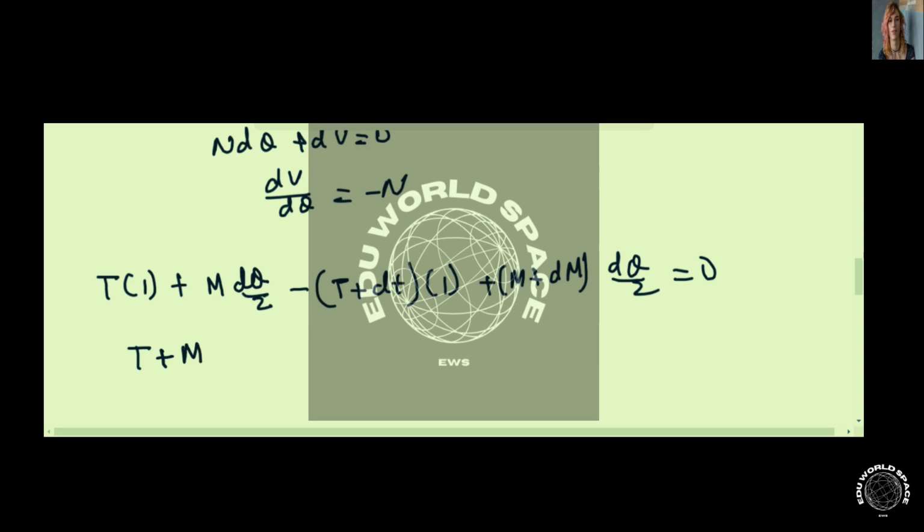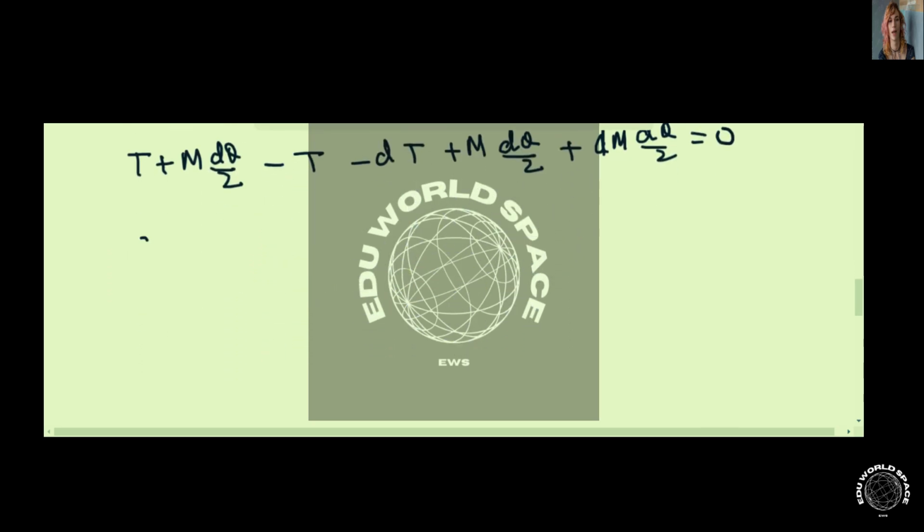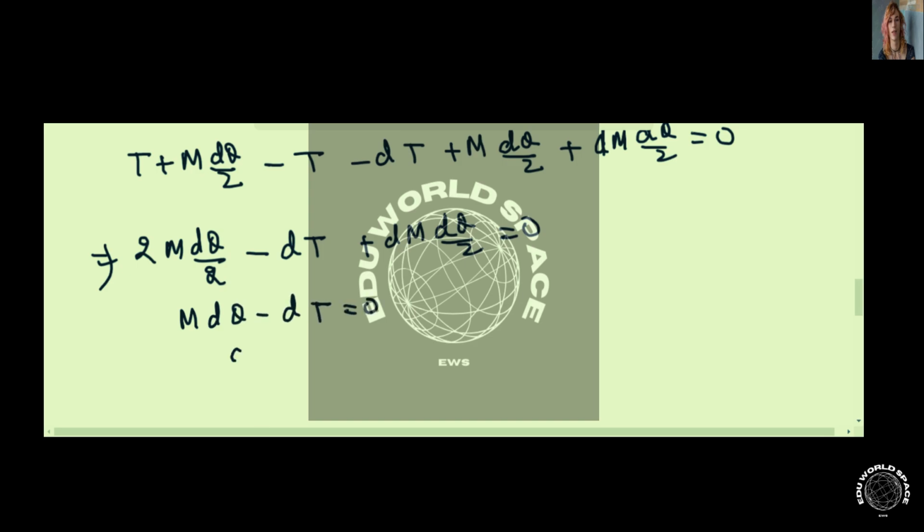This becomes twice M dθ/2 − dT + dM dθ/2 = 0. Neglect the second order term. This becomes M dθ − dT = 0. So dT/dθ equals M.